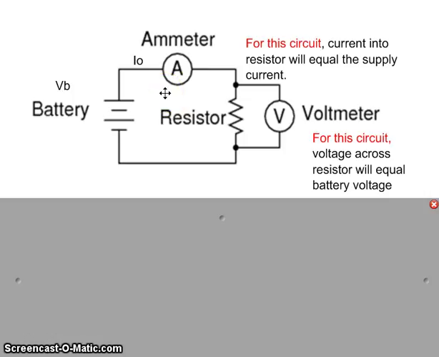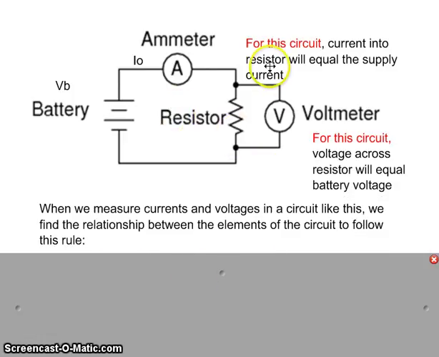In practice most ammeters are very close to that, but there is some tiny bit of resistance that they do offer, and so there's usually a little bit of an energy drop across an ammeter, but it's small enough for us to ignore, and small enough for us to make these two claims here, and particularly this one, that for this circuit, the battery voltage and the resistor voltage are going to be the same.